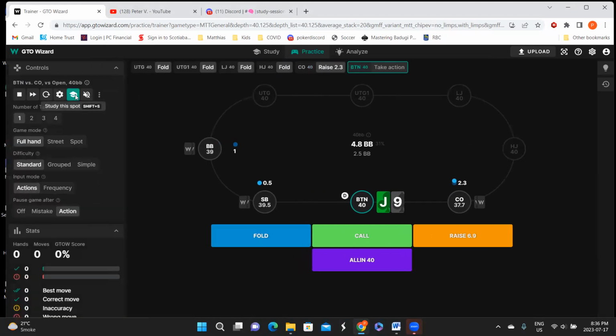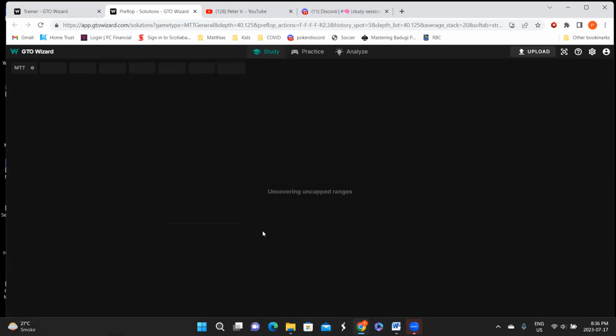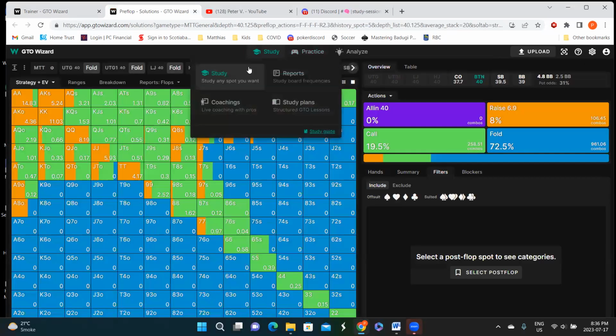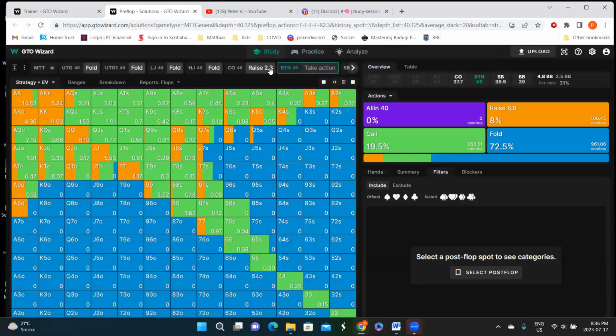So right now, we'll take a look at range construction. And so here we go. We're going to look at preflop. We're going to do 40 big blinds, cutoff first, then button today. So we're going to start at a pretty easy entry point.